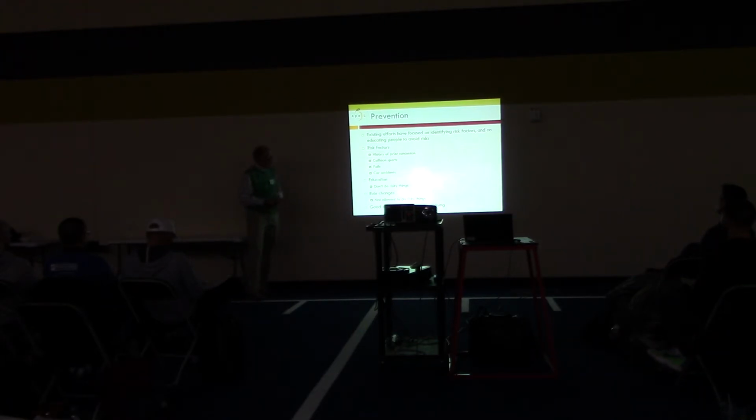as I already mentioned, existing efforts are focused on identification of risk factors and/or on educating people to avoid risks. So a tremendous amount of sort of epidemiological research has gone into what are situations, what are activities, what are behaviors that are associated with concussion.